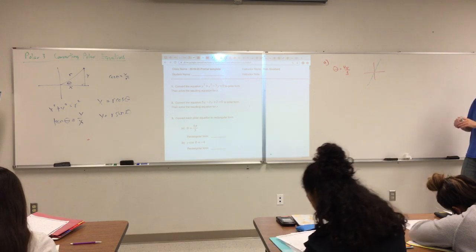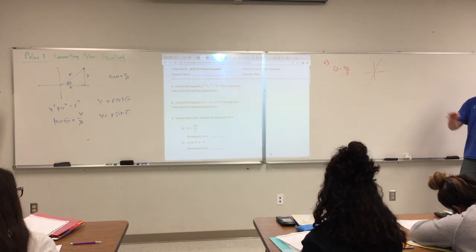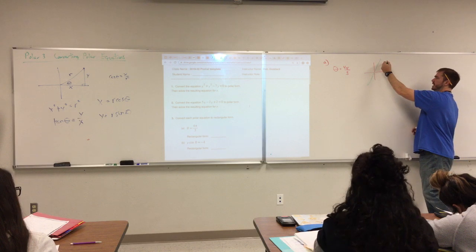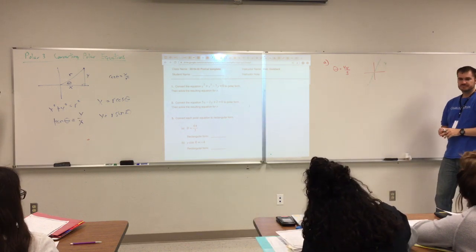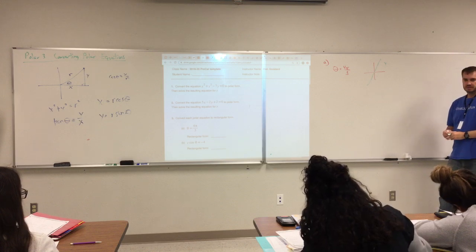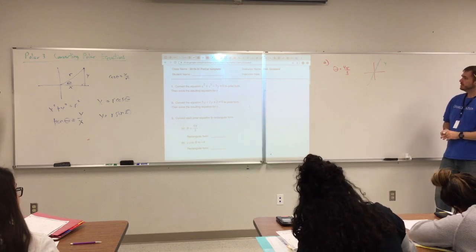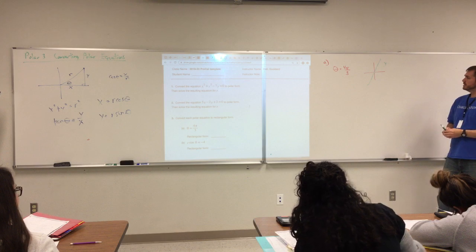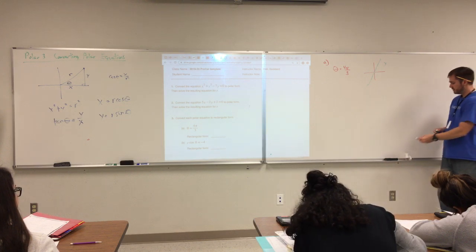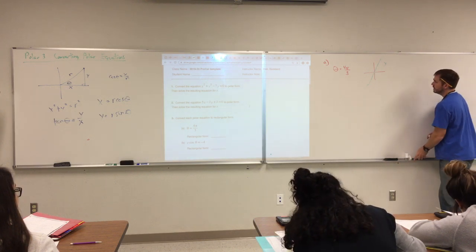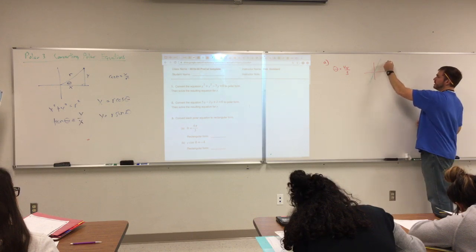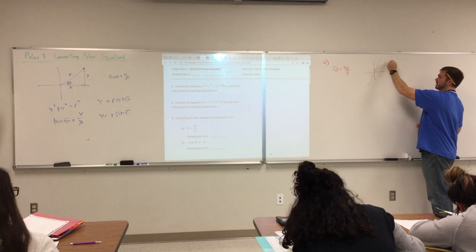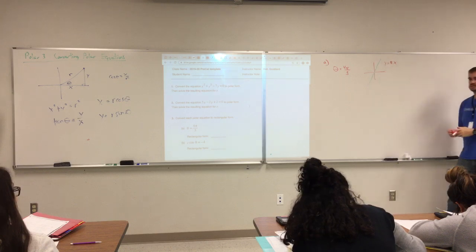Does anybody know the type of graph that would be, in terms of y equals? The equation for this would be like y equals some number times x.